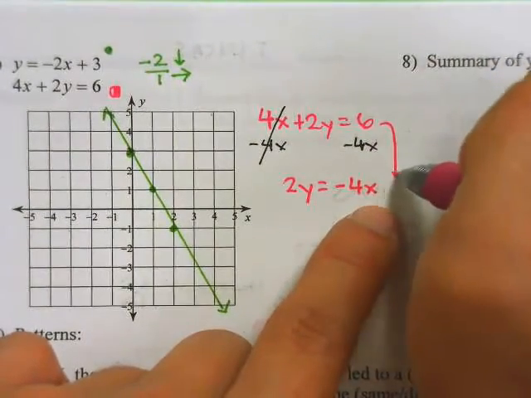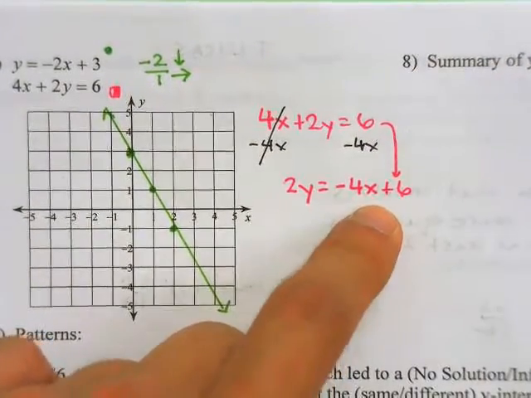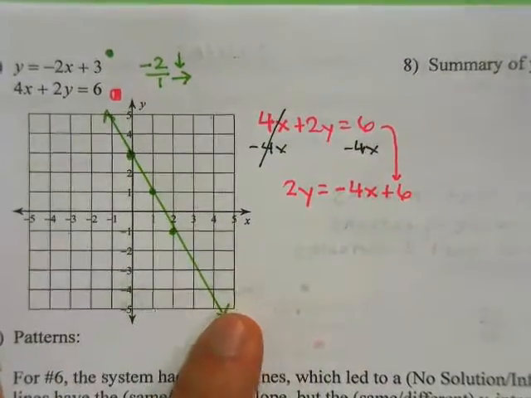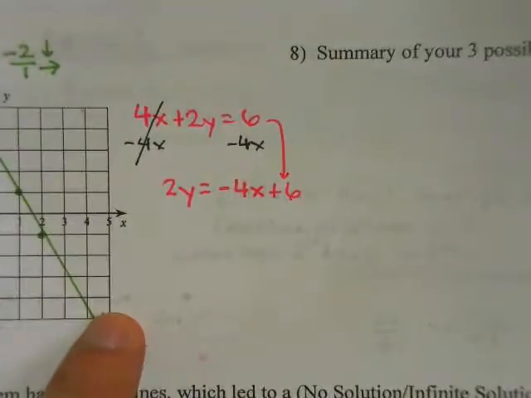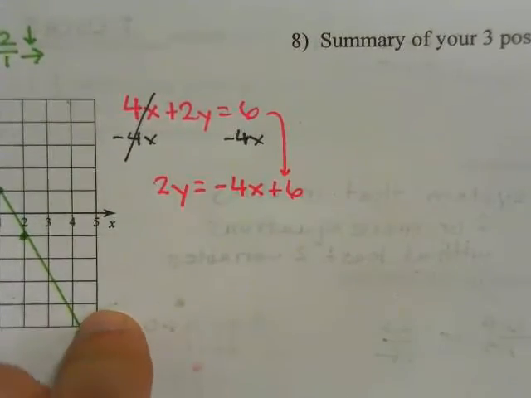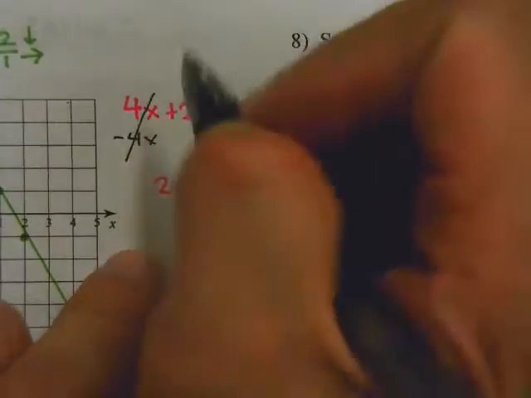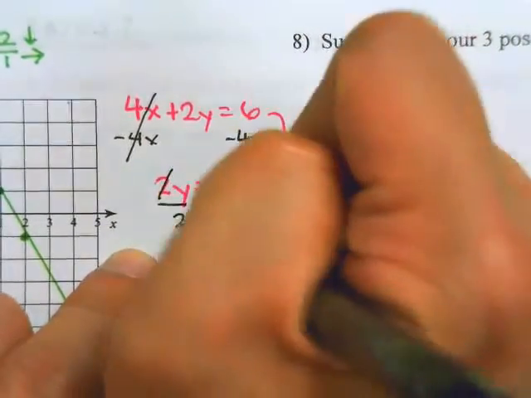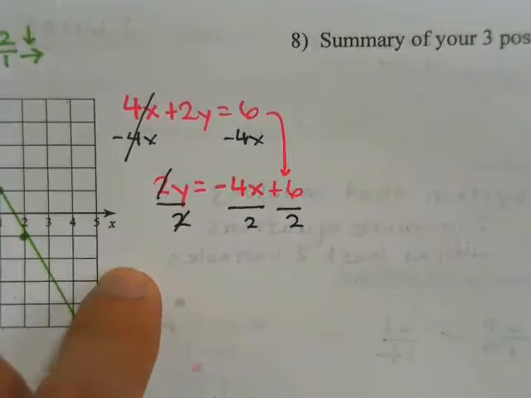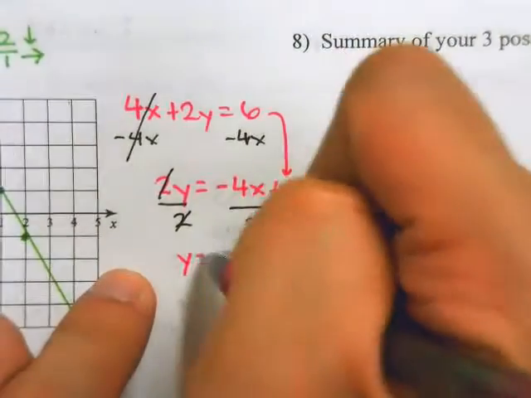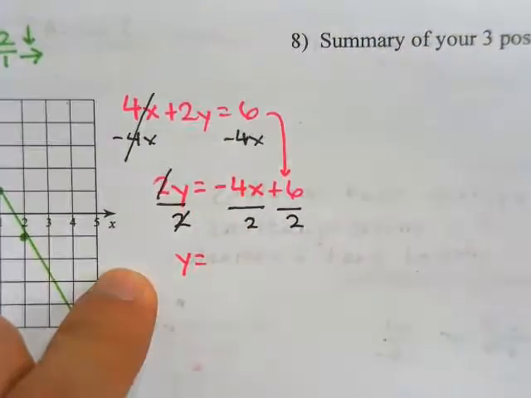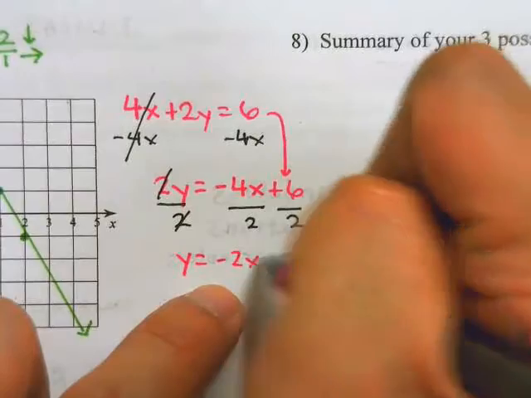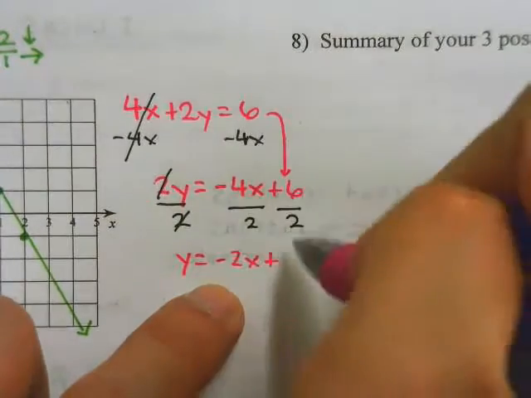And then since this is a positive 6, we're going to go plus 6 over here. Last step, please. Divide everything by 2, 2, and 2. Y is equal to -4 divided by 2, please. -2x. 6 divided by 2, 3.